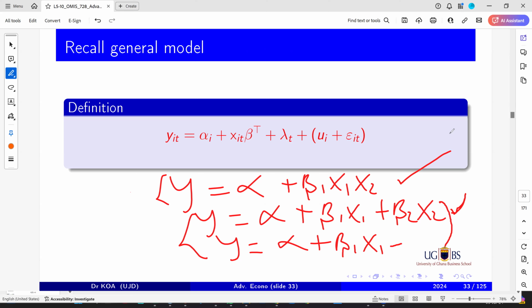So for example, wages on experience and education, X1 experience, X2 education. If I take out education and just look at experience, that is the third model: experience on wages.